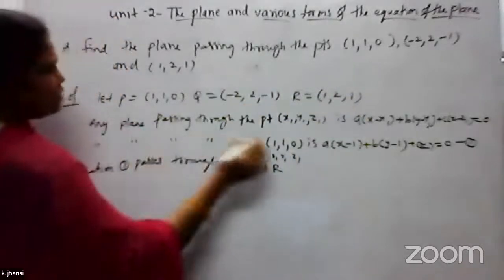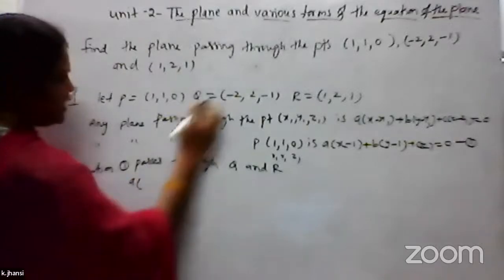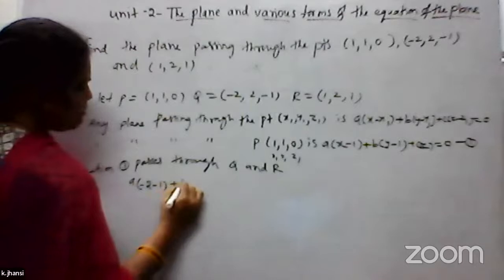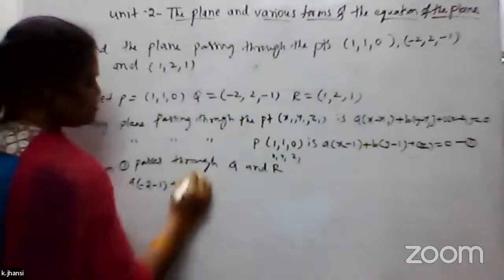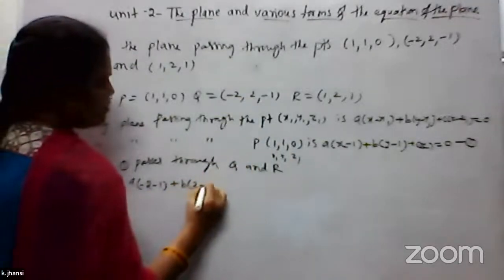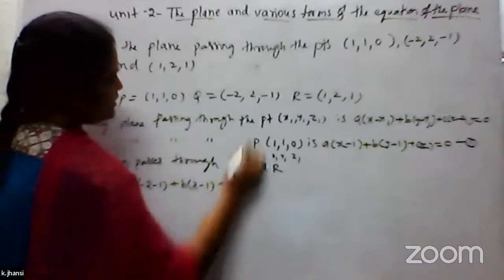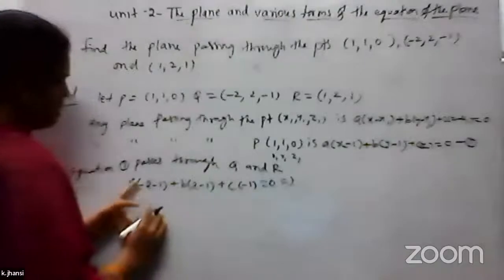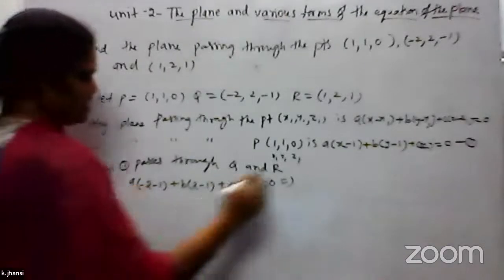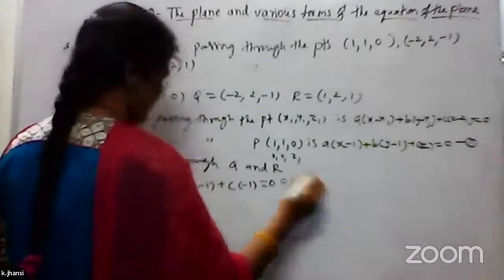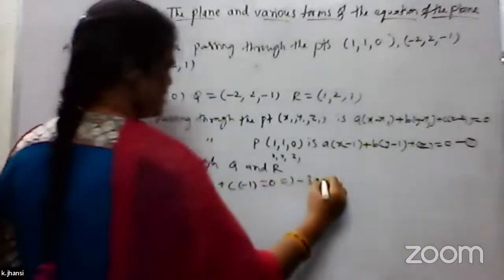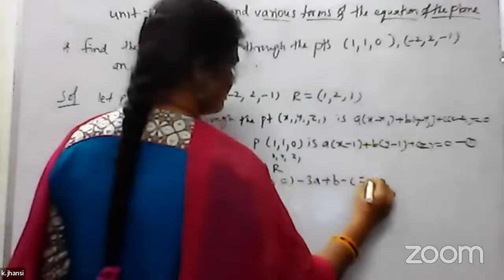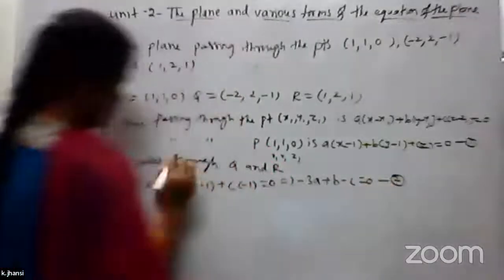For Q, we get a into (-2 - 1) plus b into (2 - 1) plus c into -1 equals 0. Simplifying, -3a plus b minus c equals 0. You put this as equation 2.